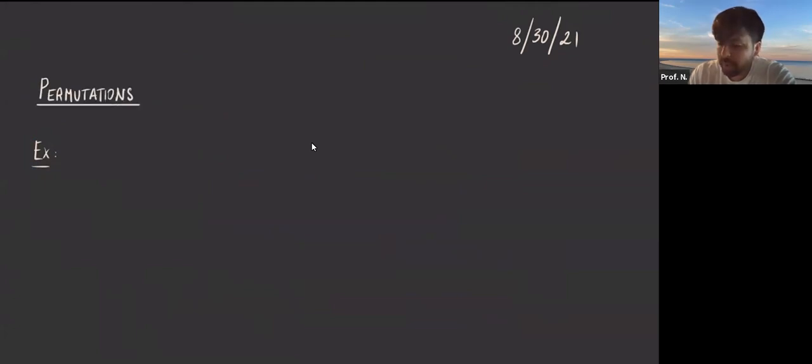Okay, so let's see if we can now move on to what are called permutations. So you may have heard of this for some of you who have talked about counting before.